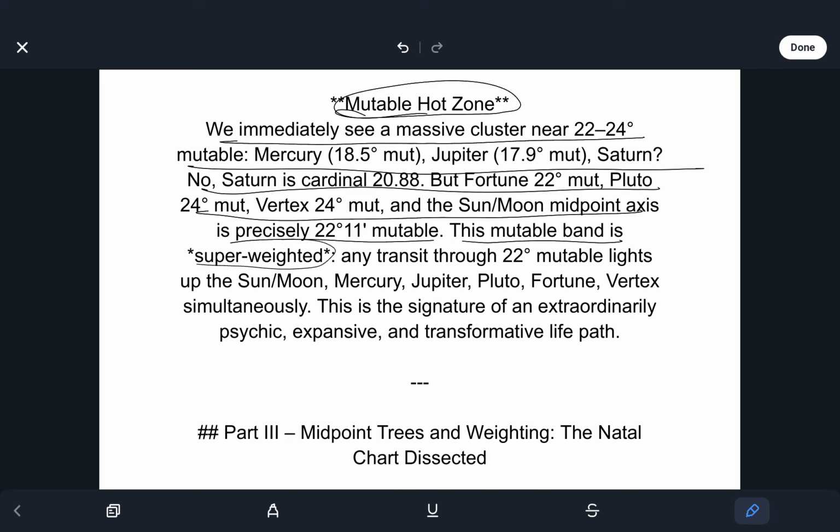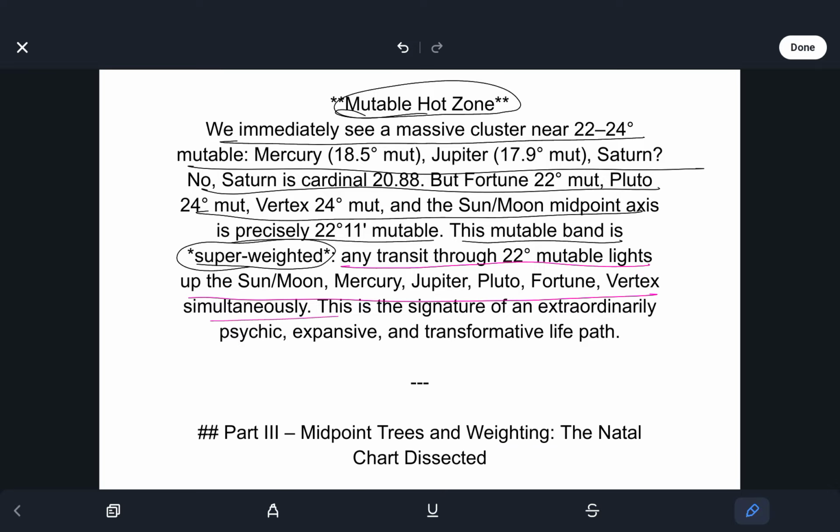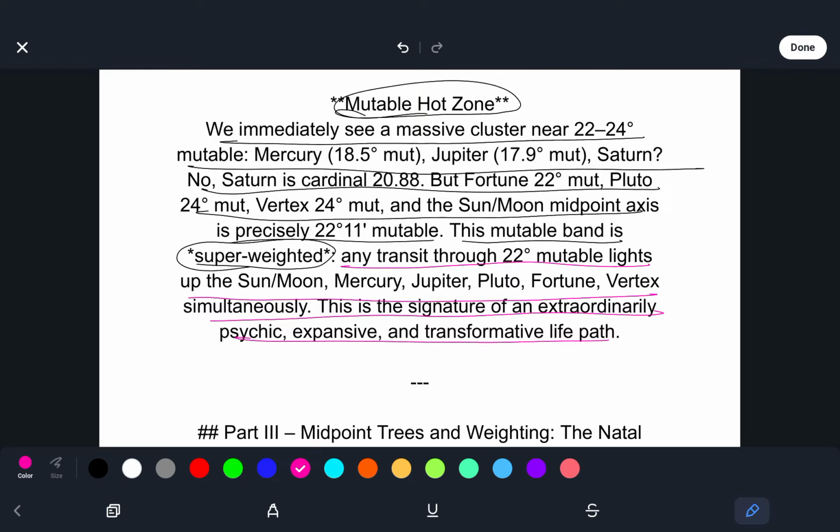It's super weighted, meaning any transit through 22 degrees mutable lights up the Sun, Moon, Mercury, Jupiter, Pluto, Fortune, Vertex simultaneously. This is the signature of an extraordinarily psychic, expansive, and transformative life path.